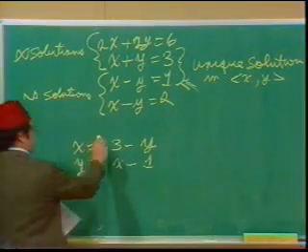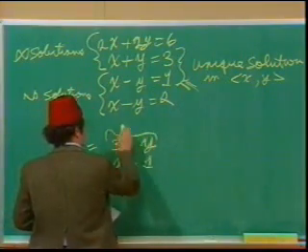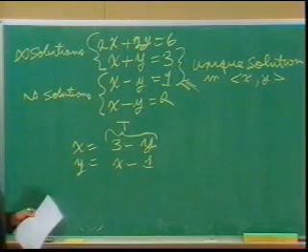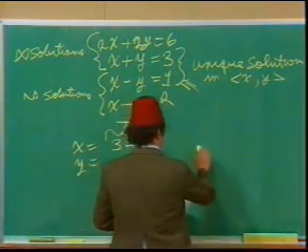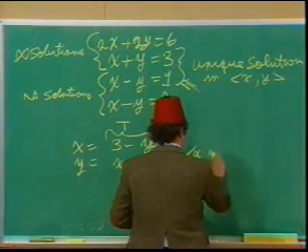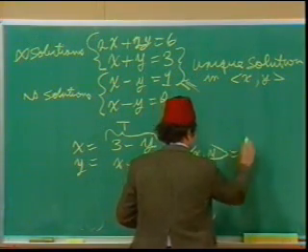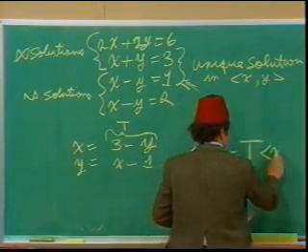Why don't we call this transformation a linear transformation, T? Then what we're getting here is an equation (x, y) equals T of (x, y).